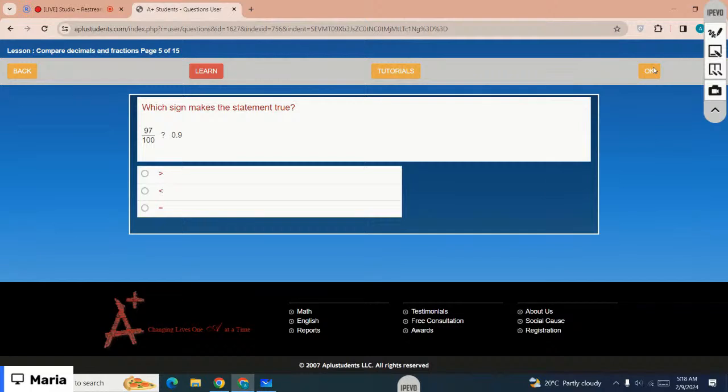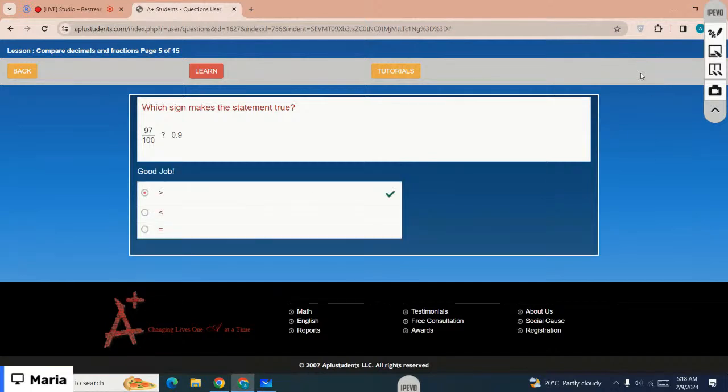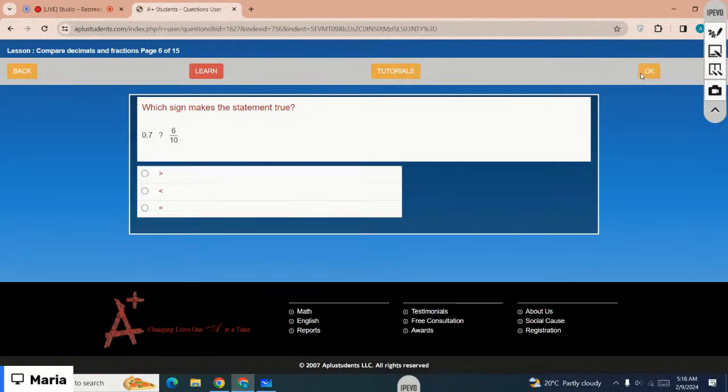Which sign makes the statement true? 97 over 100 and 0.9. So which is the correct option? 97 over 100 is greater than 0.9. Which sign makes the statement true? 0.7. You have to compare it to 6 over 10.